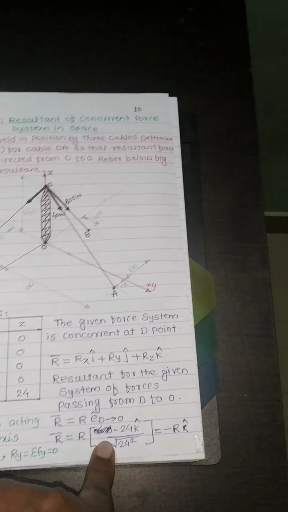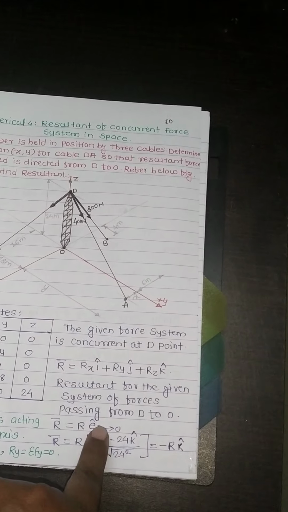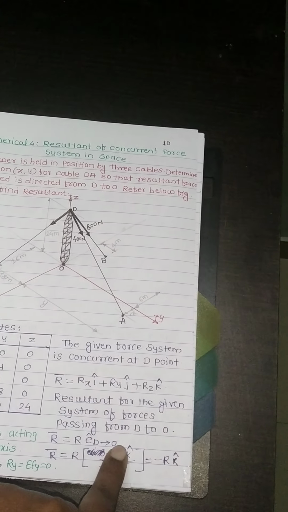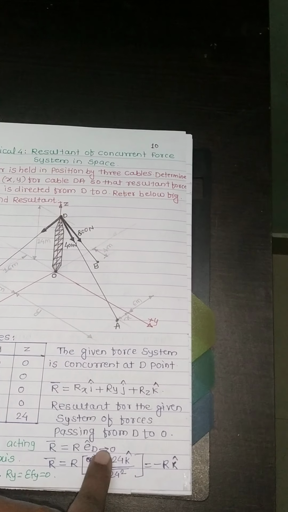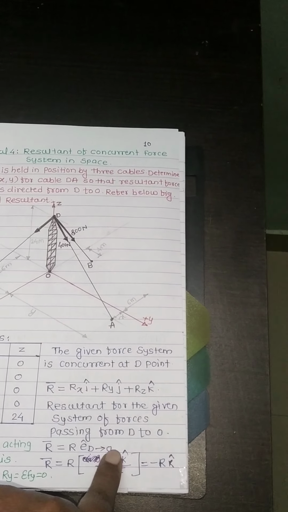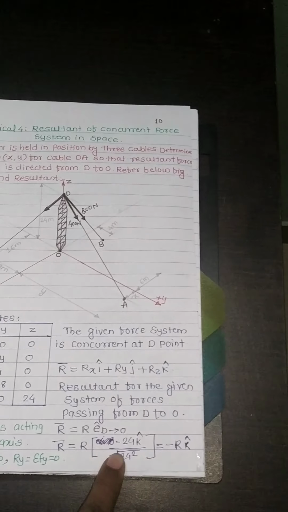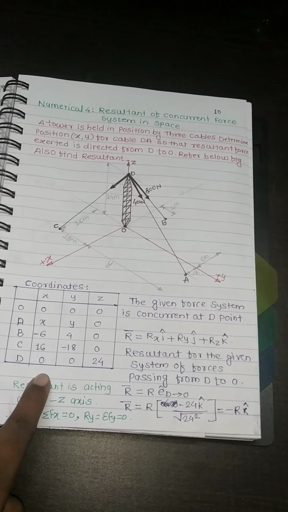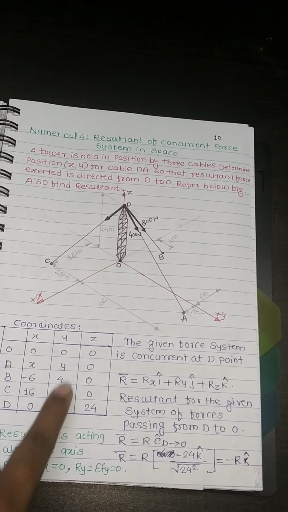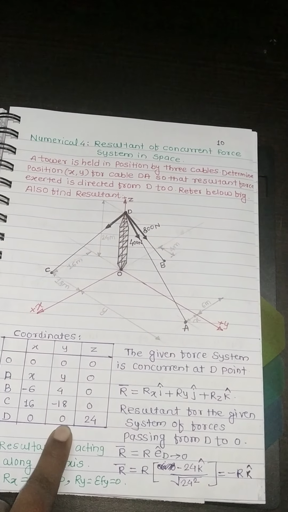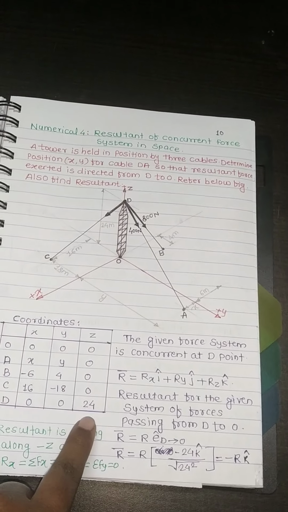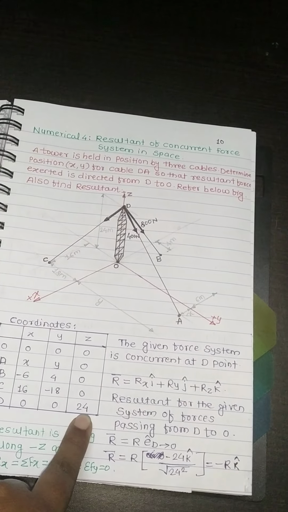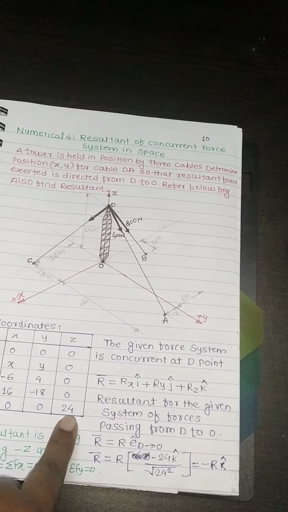For this case, the coordinates of O minus coordinates of D, we can say the coordinates of D as 1 and coordinates of O as 2. So the coordinates of O minus D is 0 minus 0 i cap, 0 minus 0 j cap, and 0 minus 24 k cap.